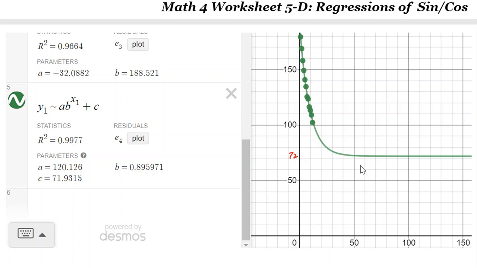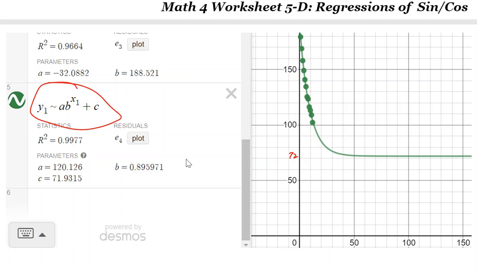This is a perfect fit. This makes sense. And so, we're going to use this. This is going to be winner, winner, chicken dinner. If I want to project the cooling rate of my coffee or whatever, this is the guy I'm going to want to use.